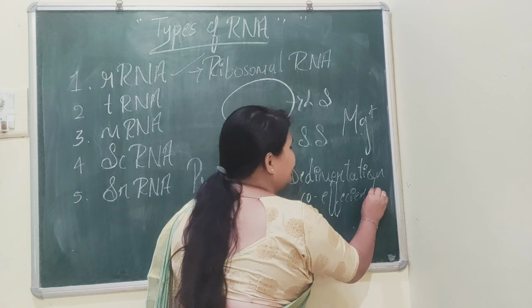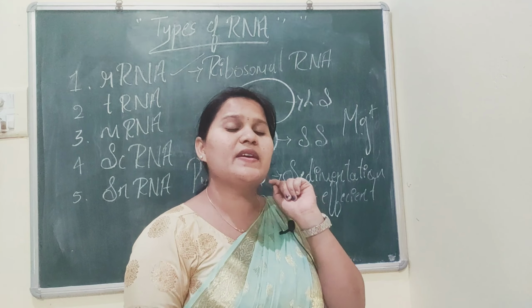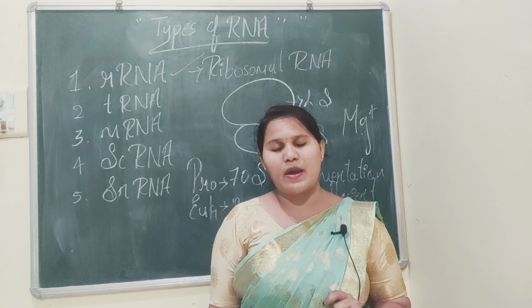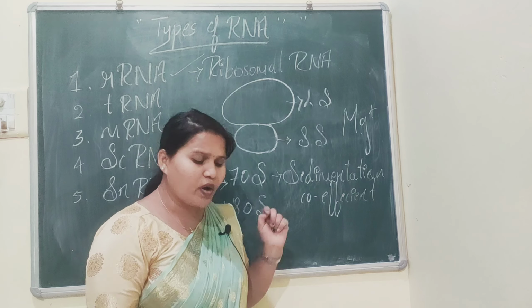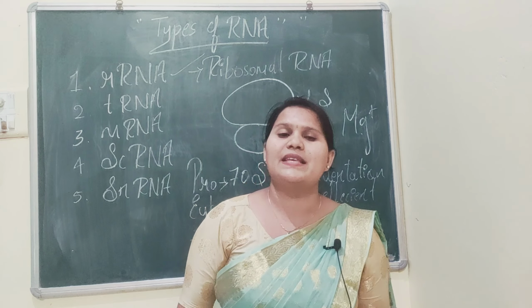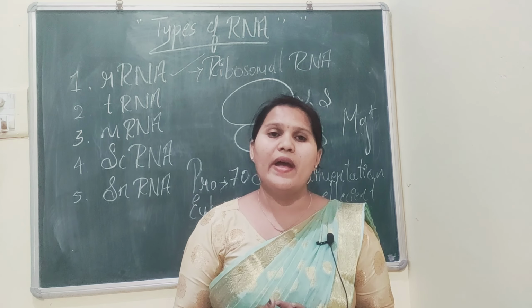So what is the use of this S and why are we calling them the 70S ribosome and the 80S ribosome? As I said, the S stands for the sedimentation coefficient. It acts as the SI unit. What is the need?